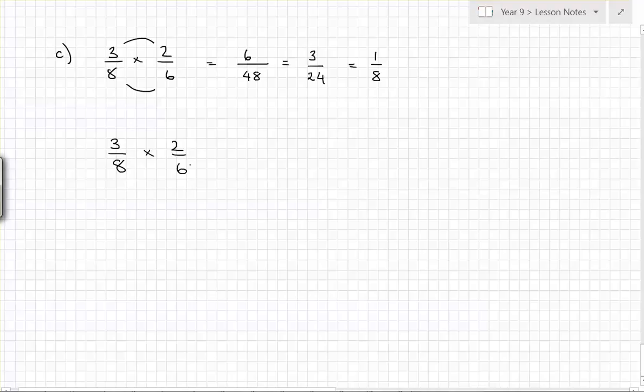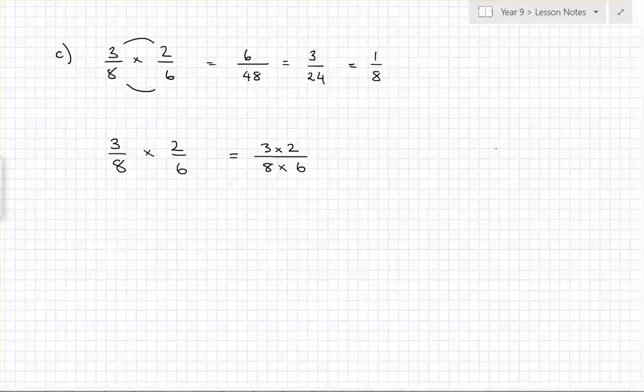I'm going to rewrite it in a way that I'm allowed to, and you tell me if you think there's any problem. The answer is going to be 3 times 2 over 8 times 6.